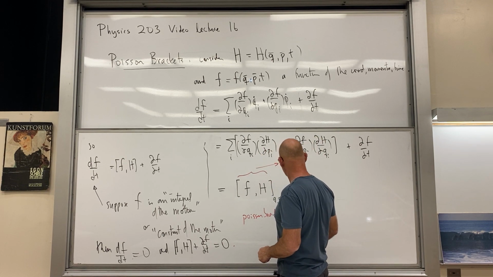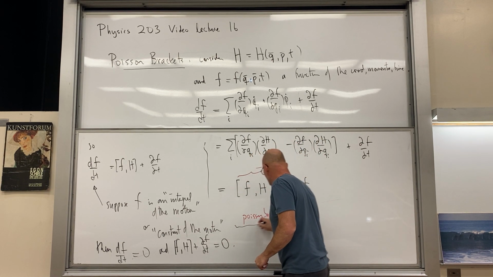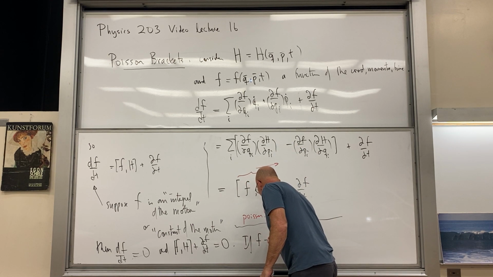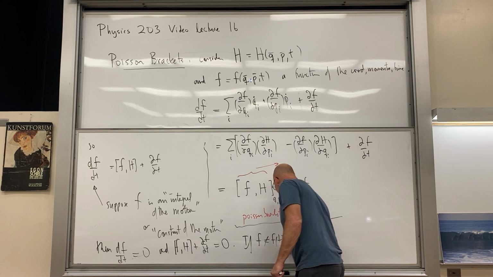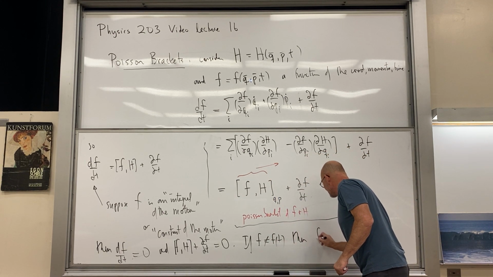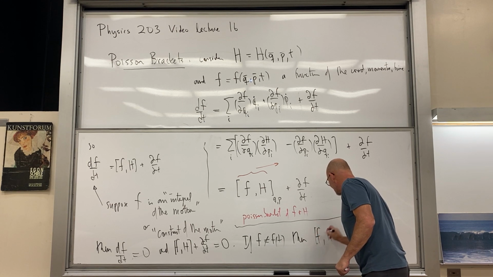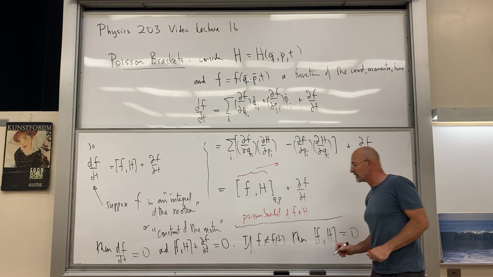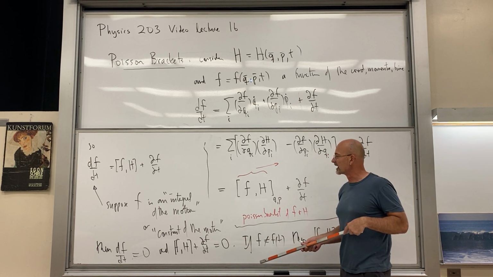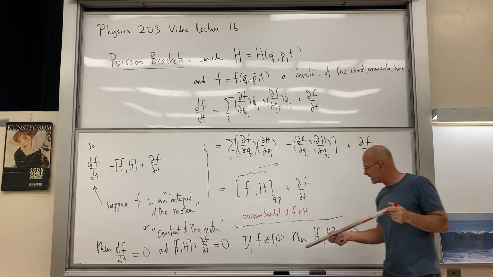So I'm going to continue that thought right here. If f is not explicitly a function of time, that's the way we say that, then the Poisson bracket of f and h is equal to 0. So this is a way to characterize conserved quantities, okay, with their Poisson bracket.